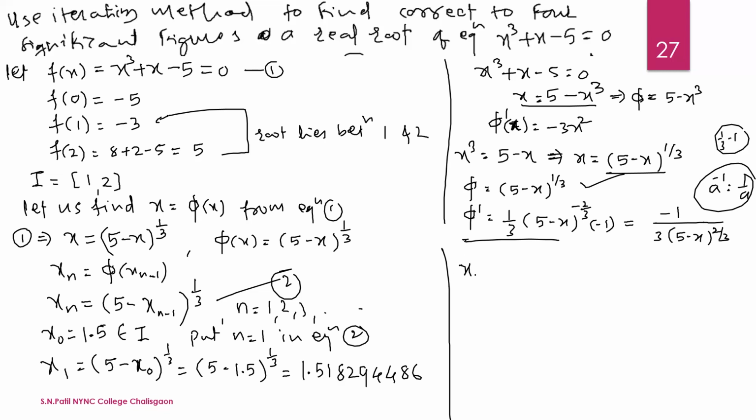Now x2 is equal to (5 minus x1) raised to 1 by 3. That is 5 minus the value of x1 we have calculated here, 1.5182944486, raised to 1 by 3.